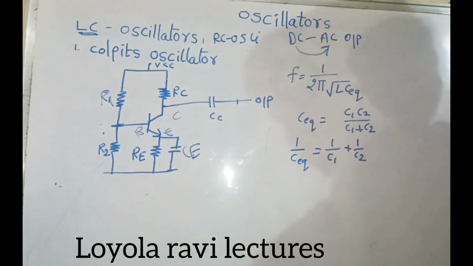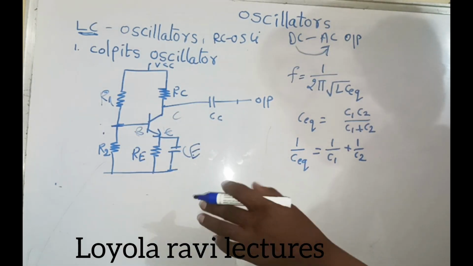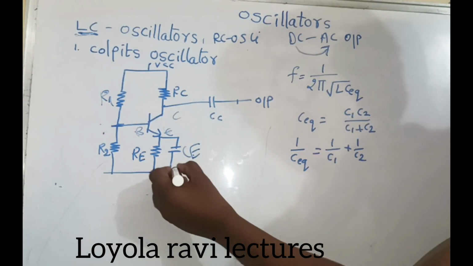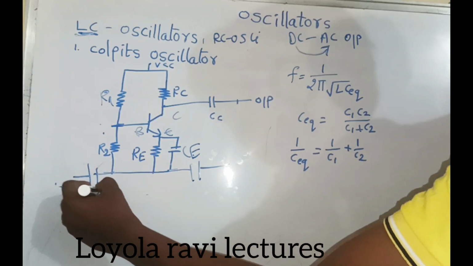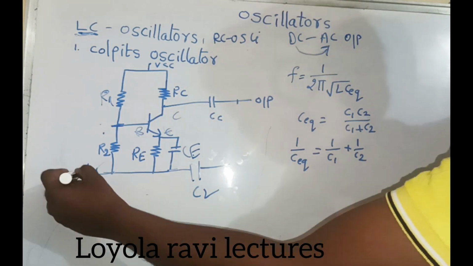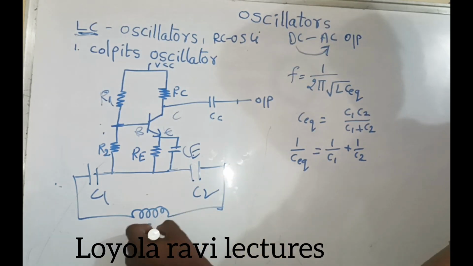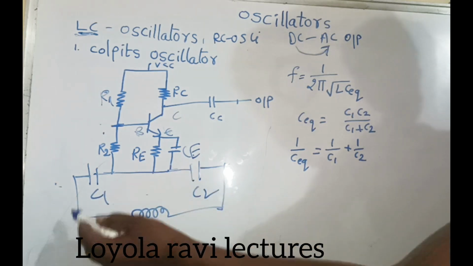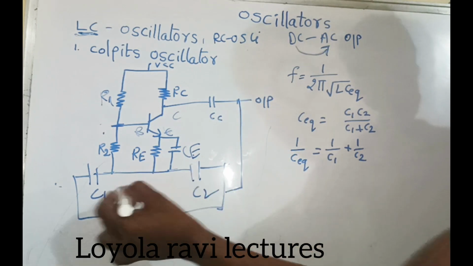This is the CE configuration. Here we are not giving any AC input signal. We use one LC network as the feedback network, so we connect capacitances like this. This is C1, this is C2, and in parallel we connect one inductance, L. This LC network acts as the feedback network from output to input.